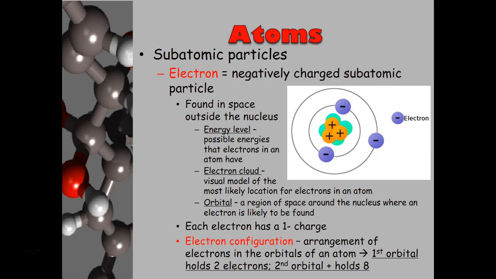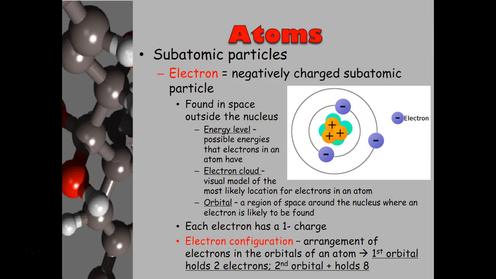Before I leave the electrons behind, there's something I wanted to point out. So we know that these electrons exist in this space outside the nucleus, right? So here's my nucleus. Electrons are hanging out on the outside of that.